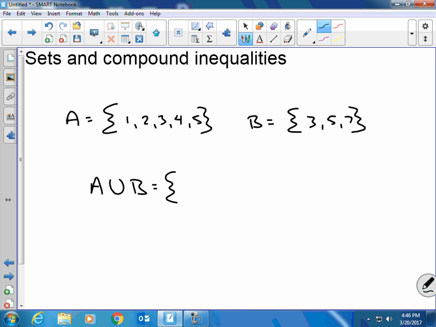Notice how I shouldn't use the word and. It's in set A or in set B.